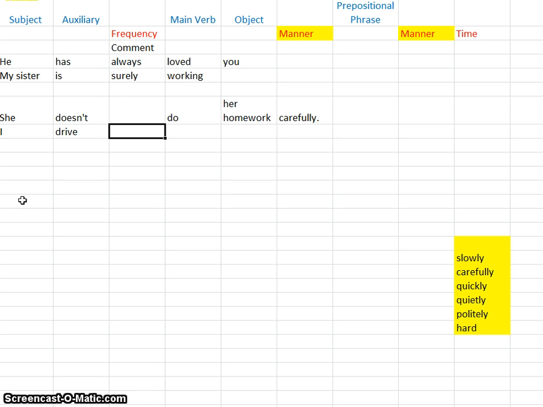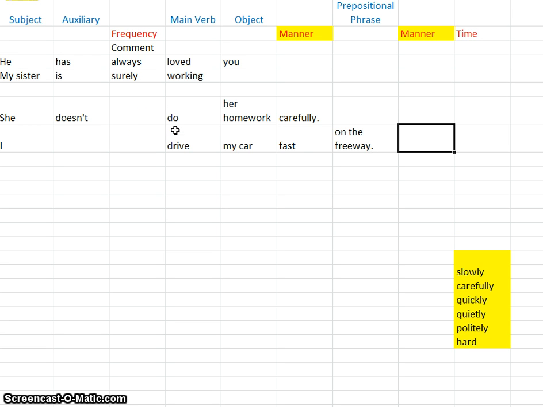I drive my car fast on the freeway. So that adverb of manner can go before the prepositional phrase. It can also go after the prepositional phrase.